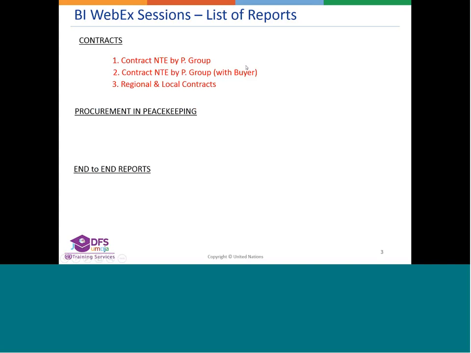In terms of NTE, we have information in the second one of each contract with a buyer, and the third one how to analyze each of the regional and local contracts with information of US dollars at the header level in terms of contracts. For procurement in peacekeeping, we have 2 nice reports. One of the POs released and the invoiced amount by fund center by vendor with information in a world map, a kind of nice visual way to understand where the vendors are located by procurement sections, and then 2 end-to-end reports.